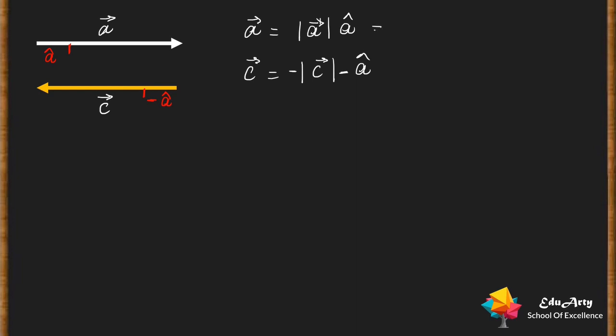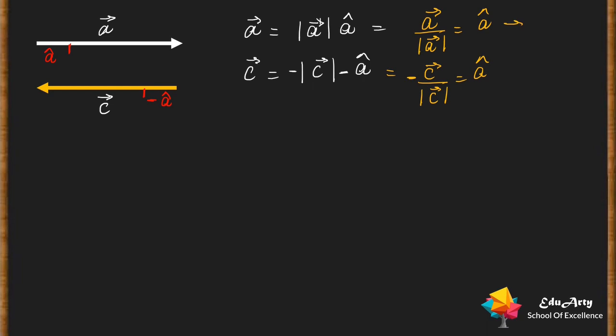Let us put it in the format of what we had done before. A vector by magnitude of A vector is equal to A cap, and C vector by magnitude of C vector, with the negative, is also A cap.